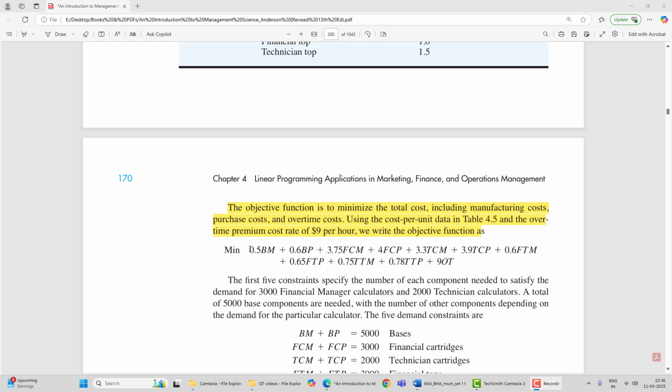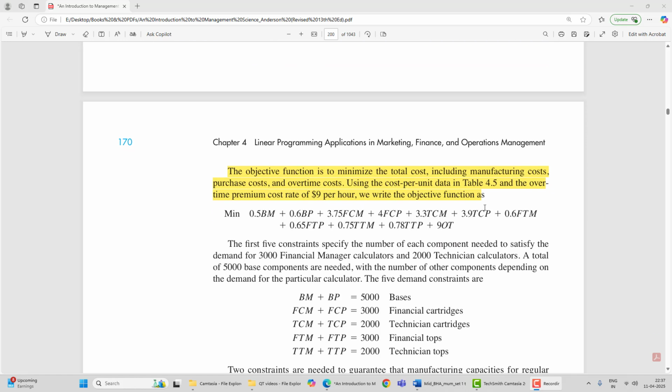That is how we combine all this, multiply and add, multiply and add, and then finally we also add $9 times the overtime hours, right? So this is the objective function which we are going to minimize.